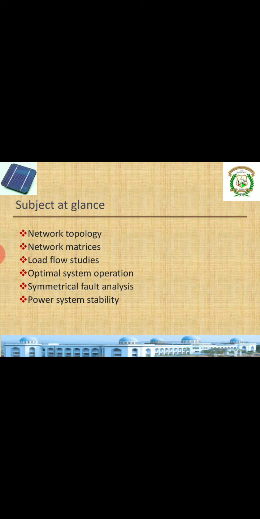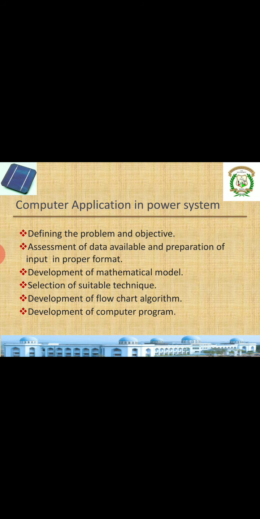Equal loading of generators may not result in the economic one. So to get efficient economic results, we need to go for optimal system operation. Then we need to study symmetrical fault analysis as well as power system stability.